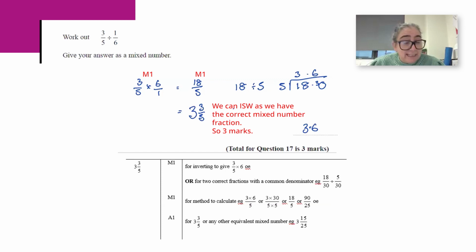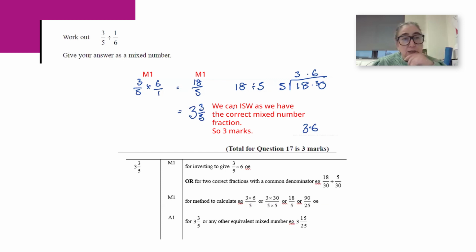But if we hadn't seen 3 3/5 and had only seen 18 divided by 5 is 3.6, we wouldn't have been able to award that final accuracy mark. So the final accuracy mark is awarded at 3 3/5, and we are ignoring any subsequent working.